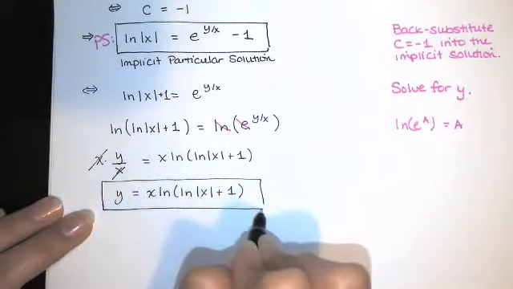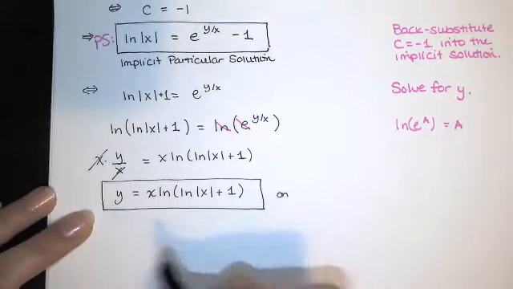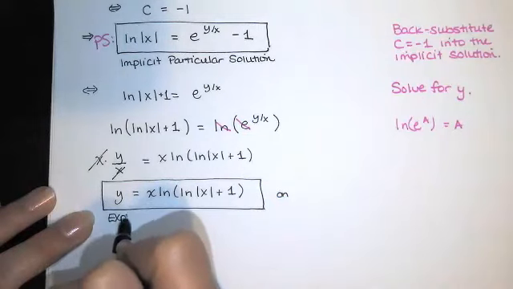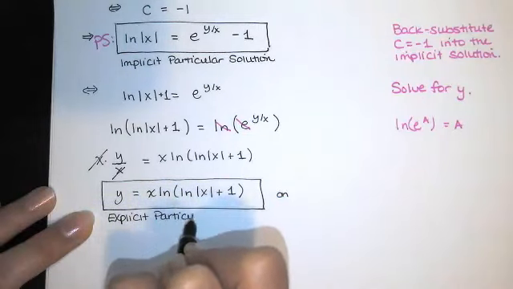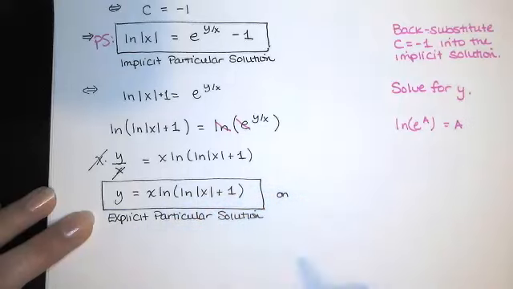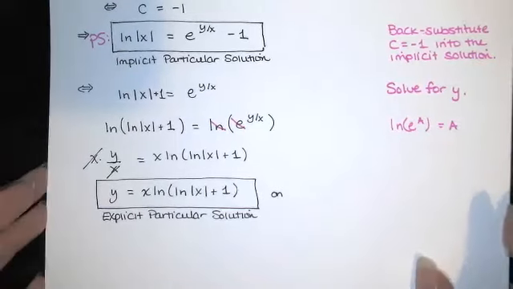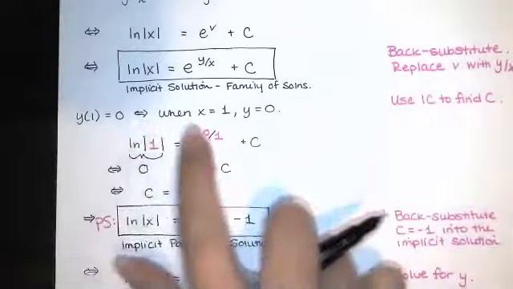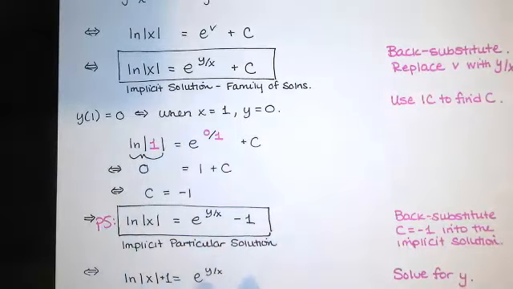But we always want to find that maximal interval of existence if possible. So we've got to do a little bit of algebra here, and we have to keep our initial condition in mind. Since the initial condition was this, it says when x equals 1, y has to equal 0.